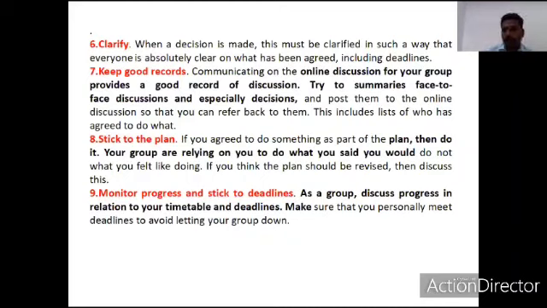As a group, discuss progress in relation to your timetable and deadlines. Make sure that you personally meet deadlines to avoid letting your group down. It means that at any point of time, no member should deviate or do lesser or extra work than what was decided in your group discussions.